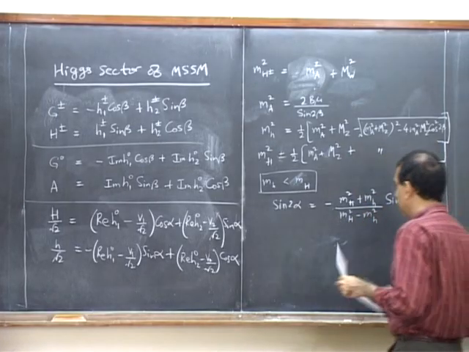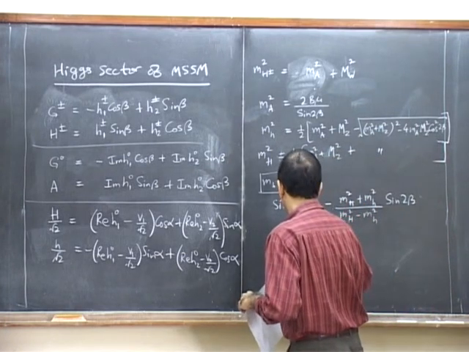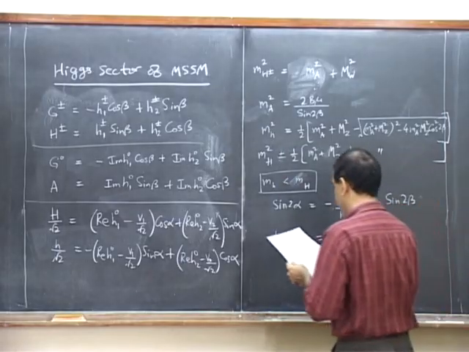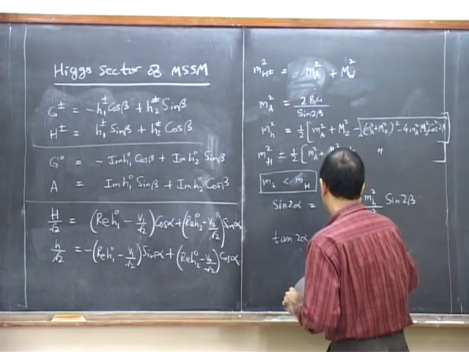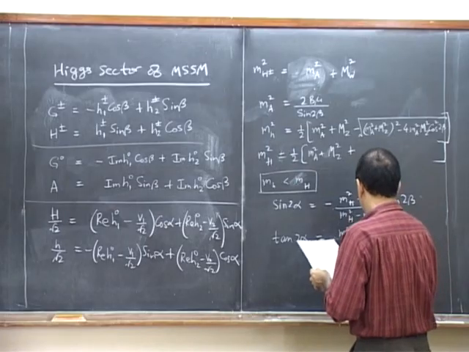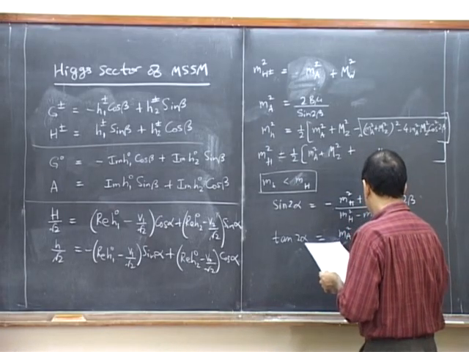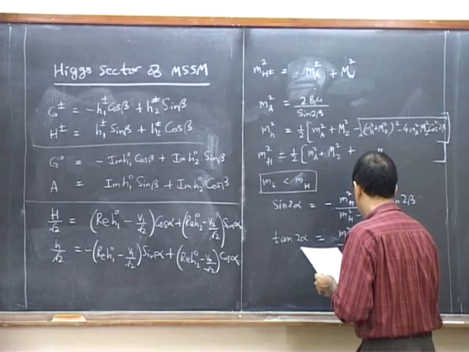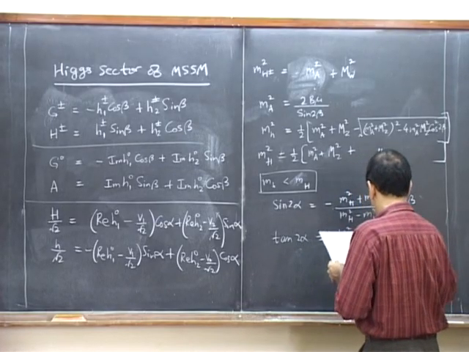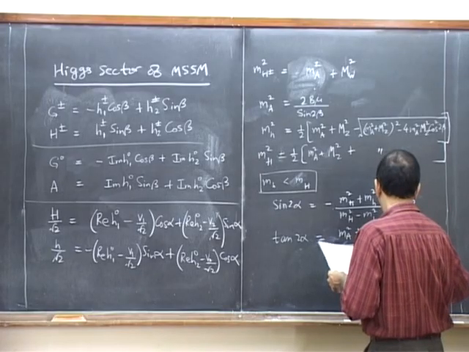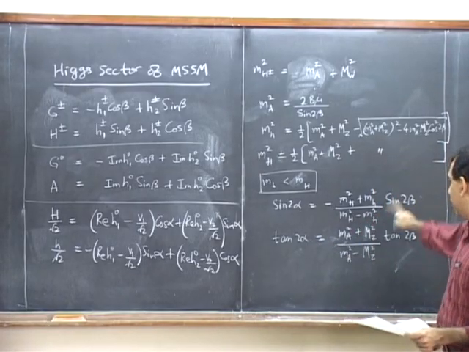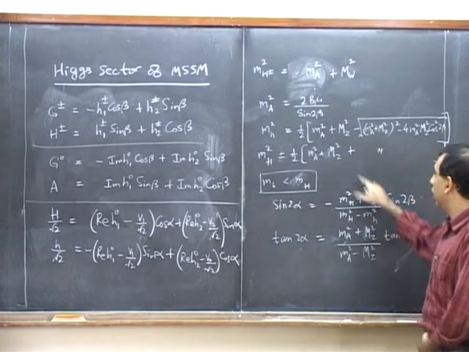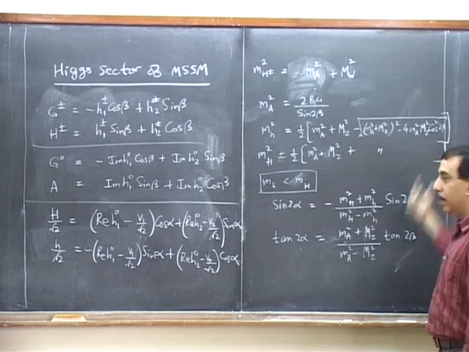But another equation, which obviously can be derived from this one, conveniently expresses tan of that rotation alpha in terms of the masses of the A and the Z. Okay, of course, these can be derived from each other because after all, these two are given in terms of masses of the A and Z as well as beta.